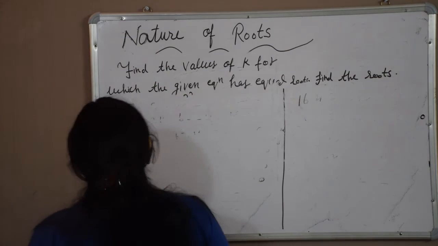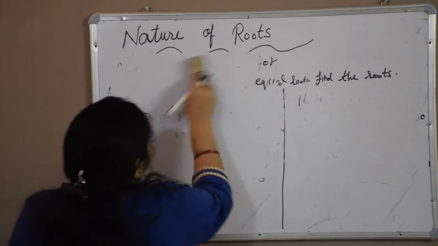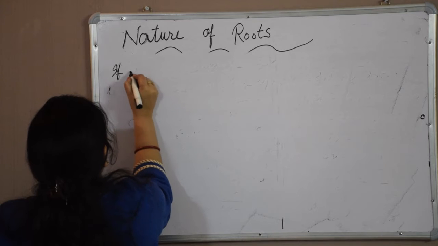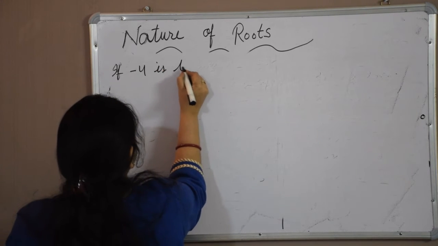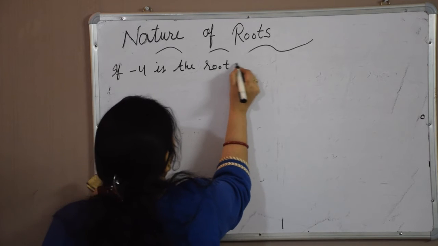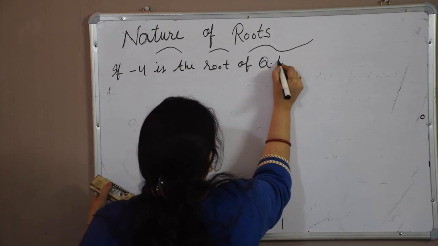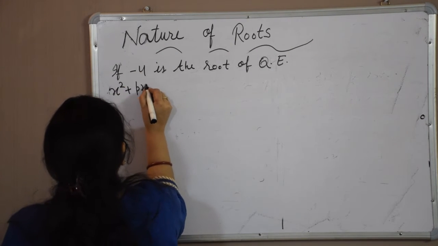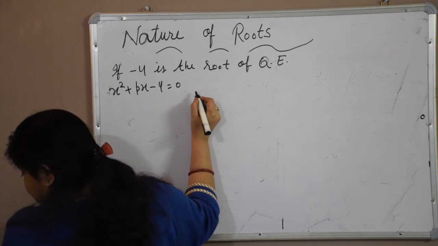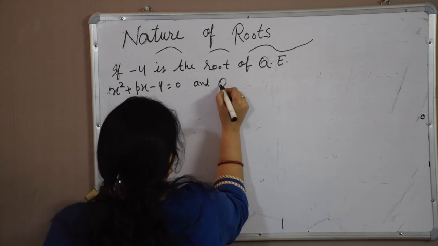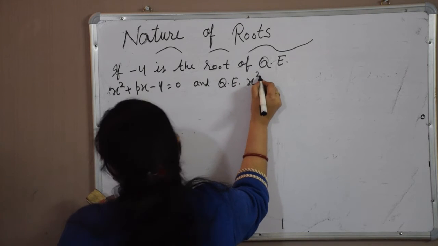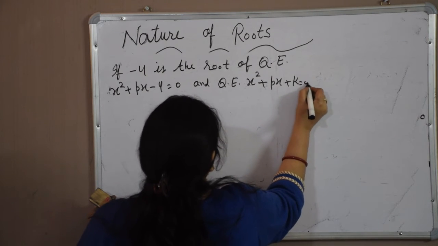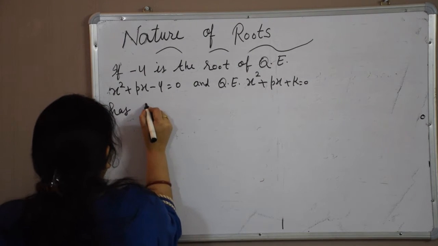If minus 4 is the root of the quadratic equation, here there are two quadratic equations. If minus 4 is the root of quadratic equation x square plus px minus 4 is equal to 0, and quadratic equation x square plus px plus k is equal to 0 has equal roots.